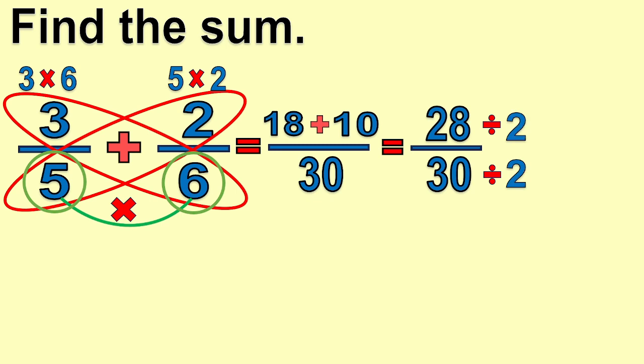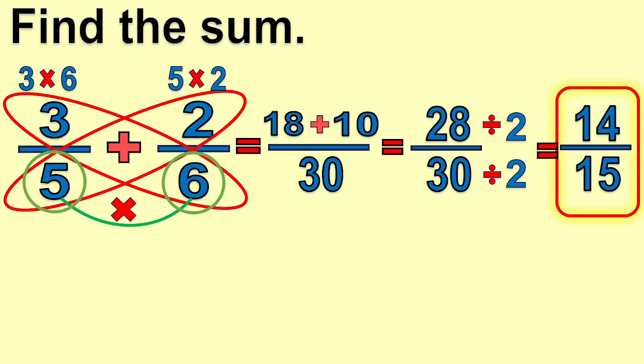Now, divide the numerator. 28 divided by 2 equals 14. Then, divide the denominator. 30 divided by 2 equals 15. So our final answer is 14/15.